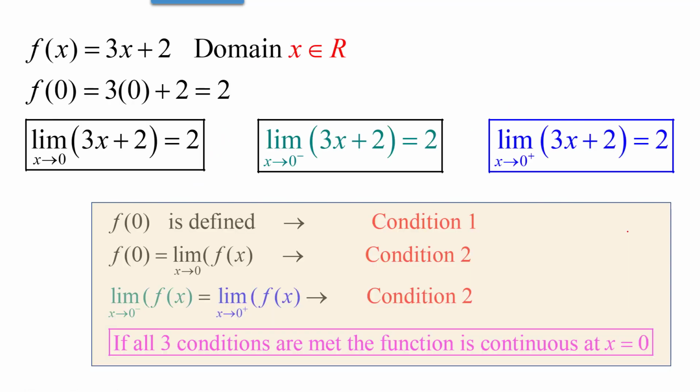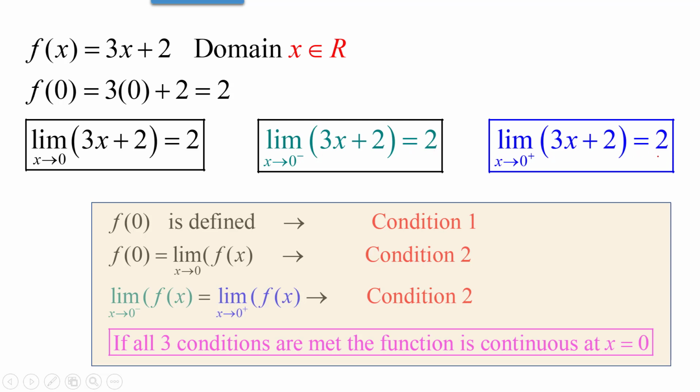So this is an example for a straight line. Now in this case, 3x plus 2, there is no restriction on the domain, so the function is defined when x approaches 0, and the function value is 2. If I find the limit for x approaching 0, it's 2. The limit from the left hand side is 2. The limit from the right hand side is 2.